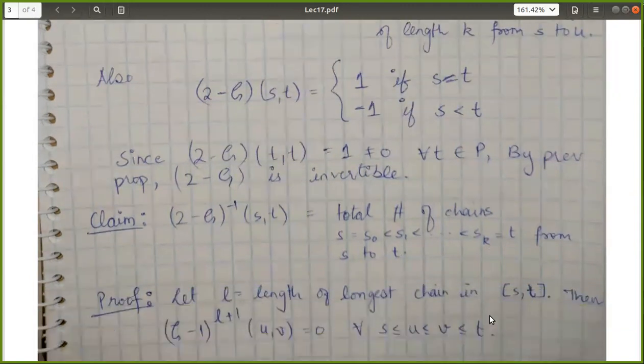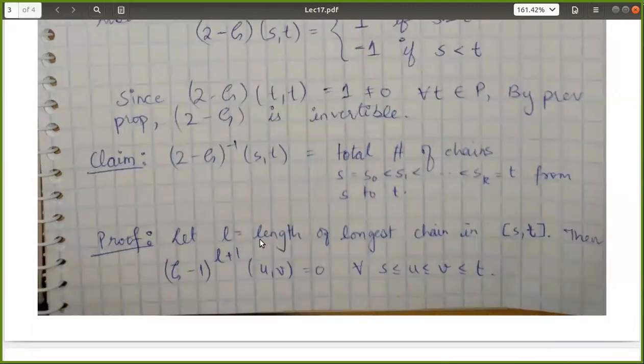So let's start. Let's say L is the length of the longest chain in the interval ST, then if you take the function zeta minus 1 and apply it L plus 1 many times to UV, for any UV sitting in between S and T, then it's going to be 0.